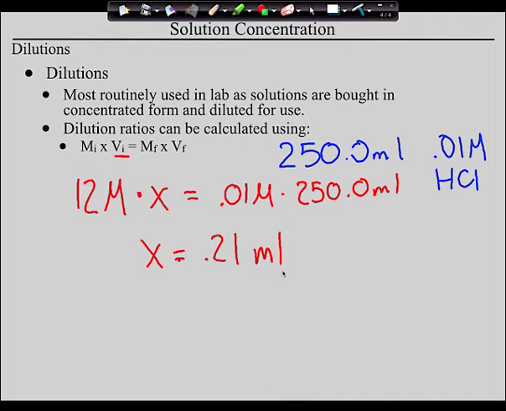So the trick with it is this, and we'll turn it into a procedure in a minute. What you will do to dilute this acid, remember step 2 was get the flask, is mostly fill this flask with distilled water. Then you will add slowly the 0.21 milliliters of concentrated HCl.